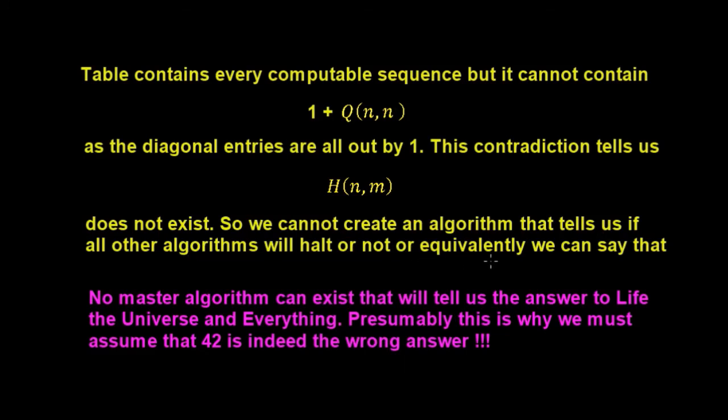Or equivalently, we can say very loosely but quite dramatically and interestingly, there's no master algorithm that can exist that will tell us the answer, if you like, to life, the universe and everything. And as I say, presumably this is why we must assume that the answer 42 is indeed the wrong answer to life, the universe and everything.